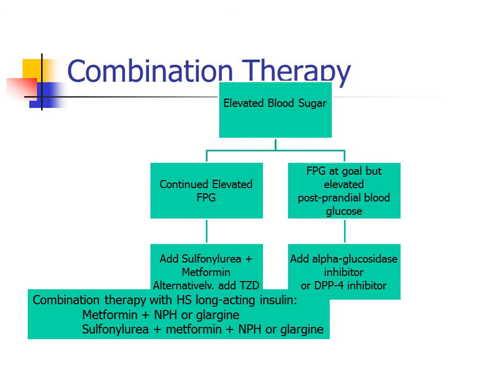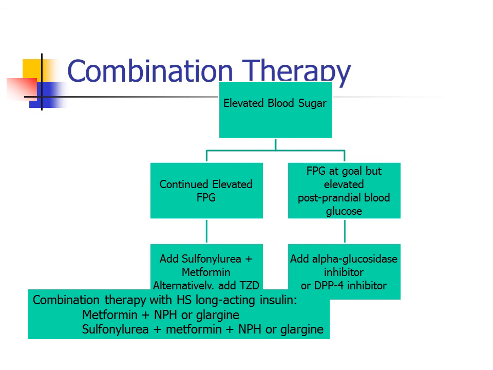As with hypertension, many diabetic patients aren't controlled on monotherapy, so then we're stuck going to a combination therapy type picture. So this little flowchart sort of helps you break that down on a very simplistic level. So if you have a patient who still has elevated blood sugar, and that elevated blood sugar is mostly in the form of fasting glucose, then I would say you should add a sulfonylurea plus metformin, or alternatively add a TZD.